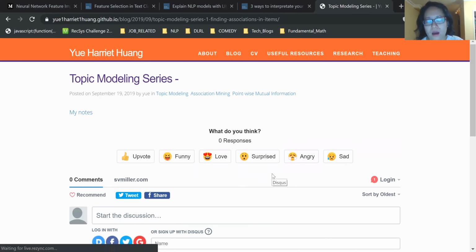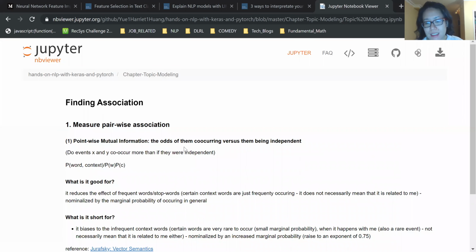So for topic modeling, my understanding is it should firstly be about partitioning a big corpus. Let's say you have a news article, and this news article talks about a few things. It talked about Justin Trudeau, which is very hot news today. But then in this news article, it also talks about the election.